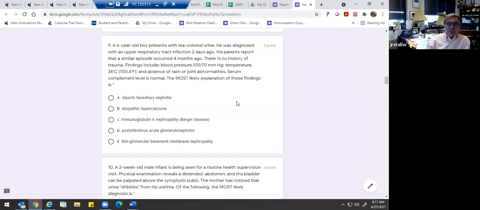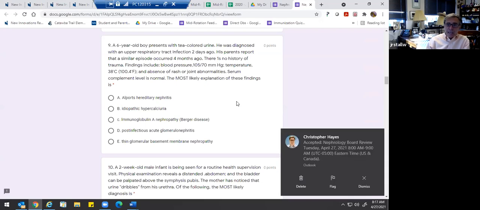Well, if you look at this and you go through it, and I think most of you got this answer right, this would be your recurrent hematuria with a viral illness, and that's going to be your IgA nephropathy or your Berger's disease. To make it post-infectious, that would be not a bad answer, okay, but the complement level is normal.